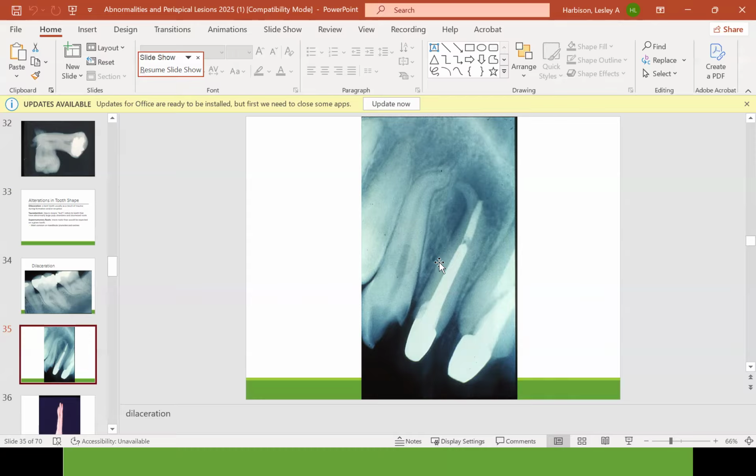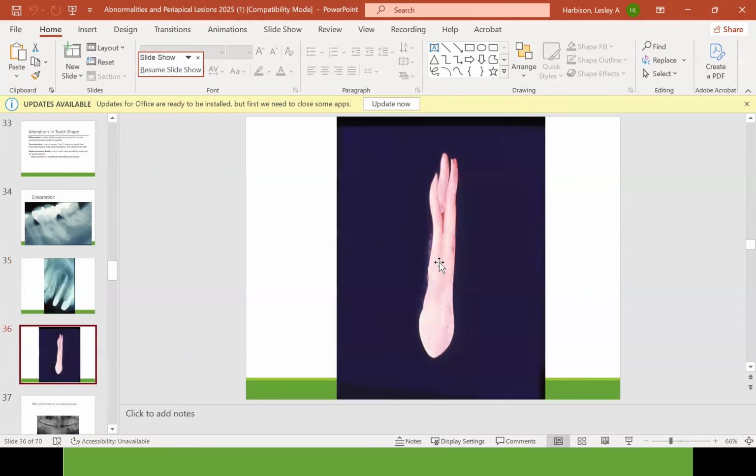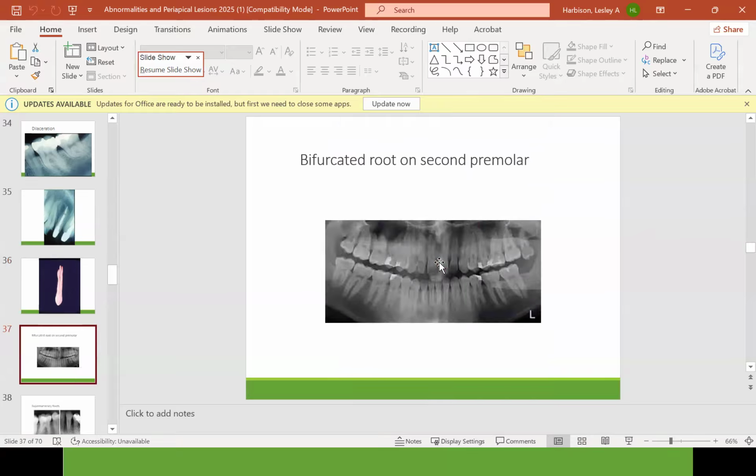They just went straight and then perforated the root. That's really bad. That's not going to be a successful root canal. And then slide 36, that's just an odd looking little tooth, but there's some kind of extra bit of root in between, or a couple little extra bits of root on that extracted tooth.